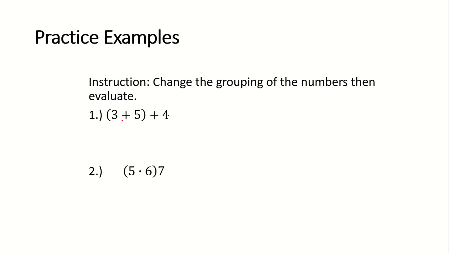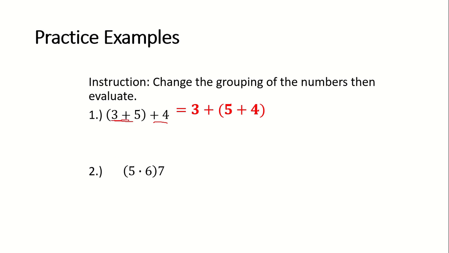So here, the grouping is 3 plus 5, and you have plus 4 outside. That means you can change what is inside the parentheses. But again, we did not rearrange the numbers. So instead of placing 3 and 5 inside, we placed 5 and 4 now inside.